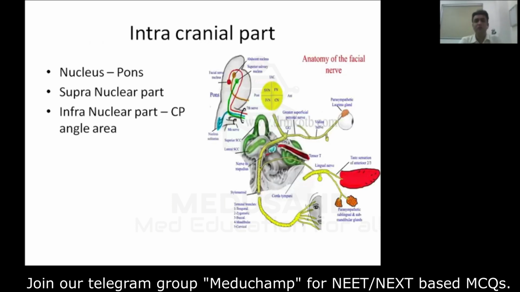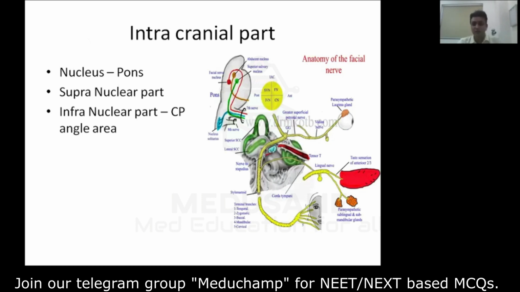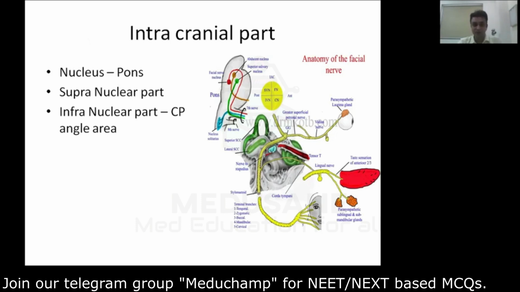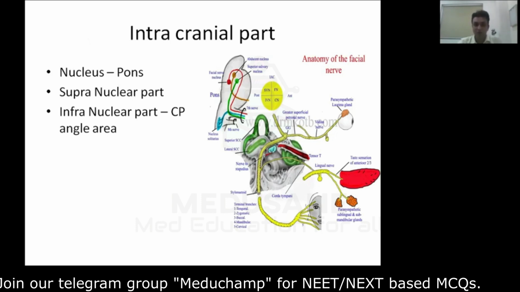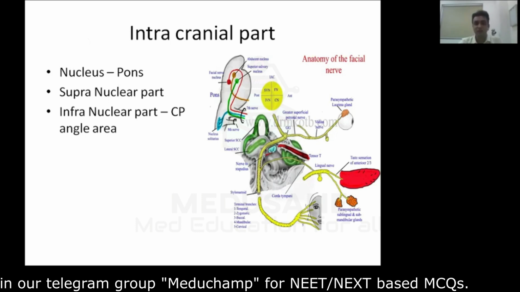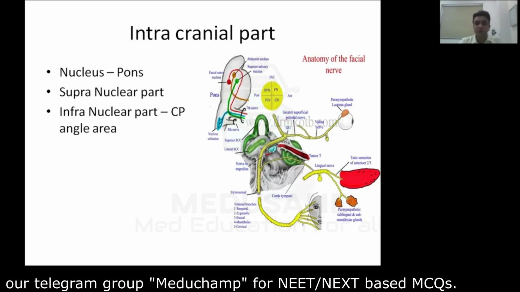So we'll talk about the intracranial part first. Let us be very clear that the intracranial part means the part of the nerve which includes the nucleus. The nucleus is in the pons. Supranuclear part means the connections of the nucleus with the opposite side of the cerebral hemisphere in the cerebral cortex.